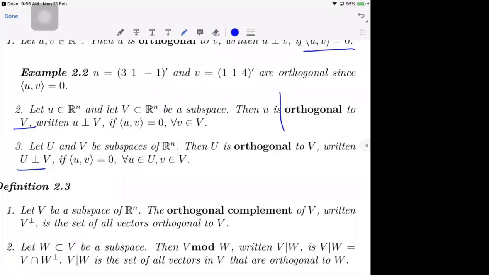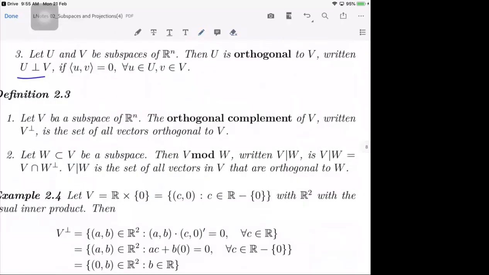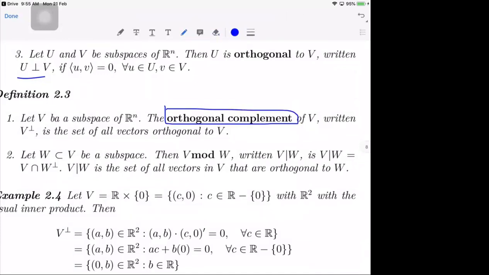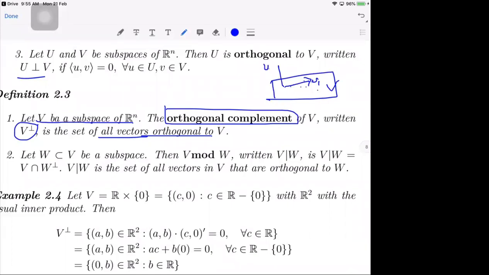Okay, so that's it. And then we have another definition, the orthogonal complement of V. You still have a V, which is a subspace of R^n. The orthogonal complement of V, which is written by this, V perp, is the set of all vectors orthogonal to V. So, if you have a subspace V, all the sets of vectors here that are orthogonal to the vectors in V. So, if this is V1, say for example, this is W1.